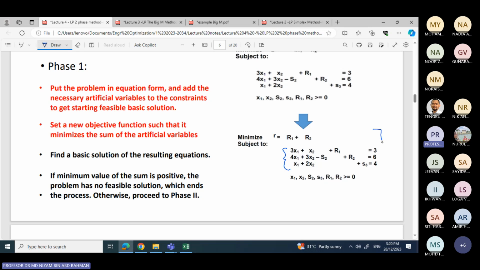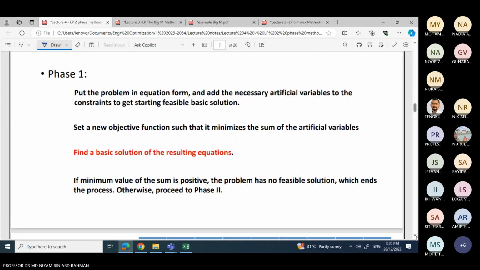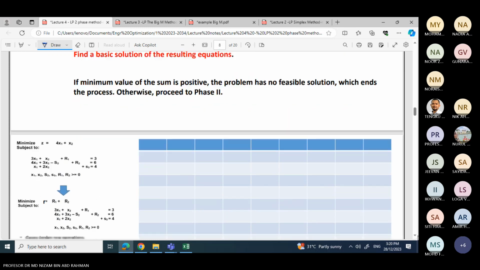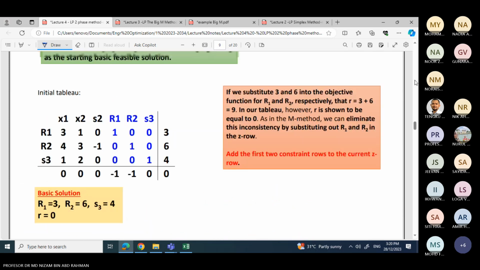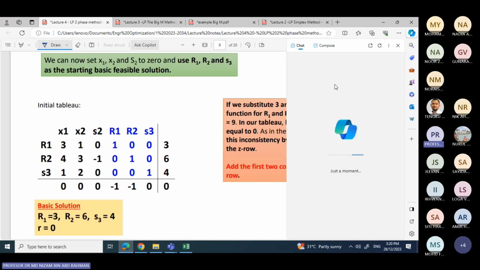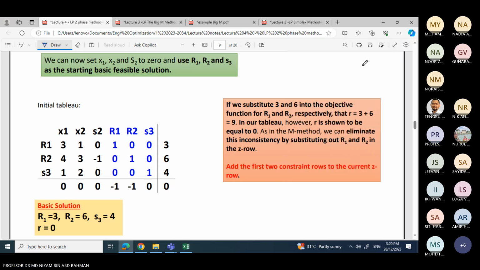Minimize R equals R1 plus R2. So you use this and set up the initial table. This is what it will look like. You have x1, x2, s2, r1, r2, and s3. You have three constraints, so rows 1, 2, 3, with r1, r2, and s3, right?